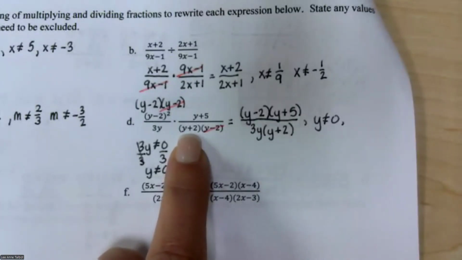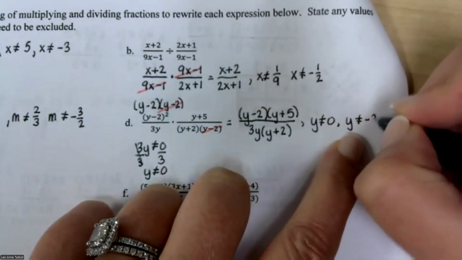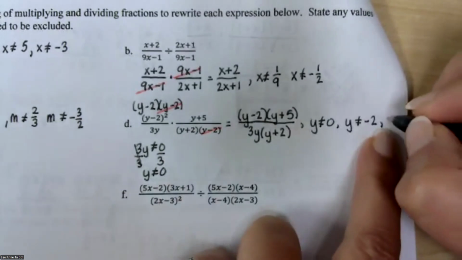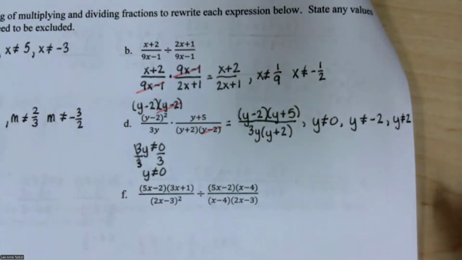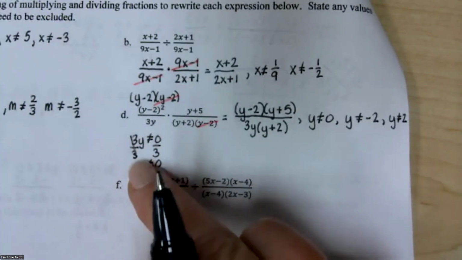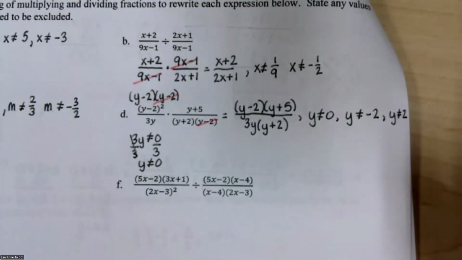Okay, what is it for this one? -2 and +2. Again, if you're not sure, just write it out. It's okay.